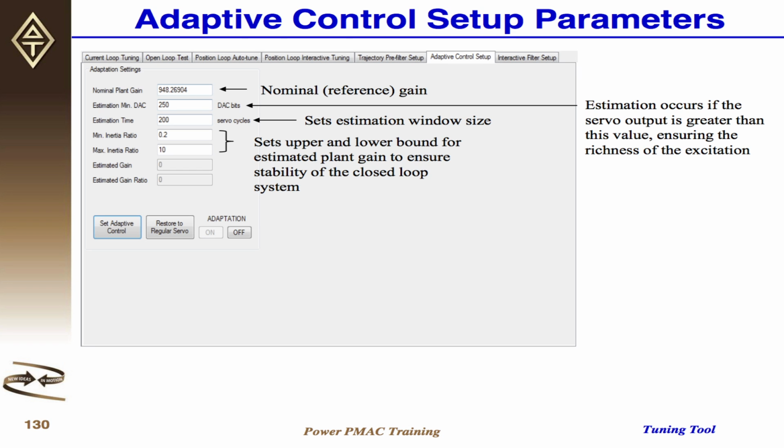There are two more things you can set, called minimum inertia and maximum inertia ratio. Here's the idea behind this. If you have any background in adaptive control theory, there's something called parameter drift.